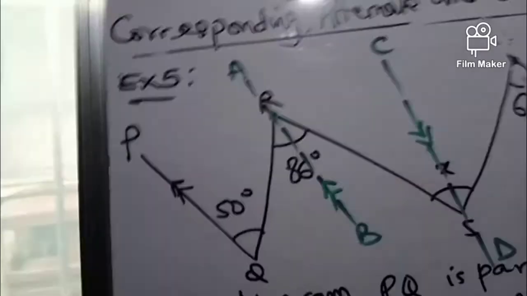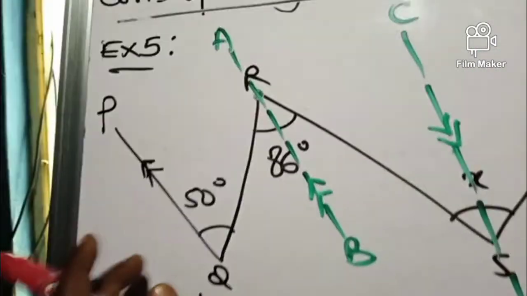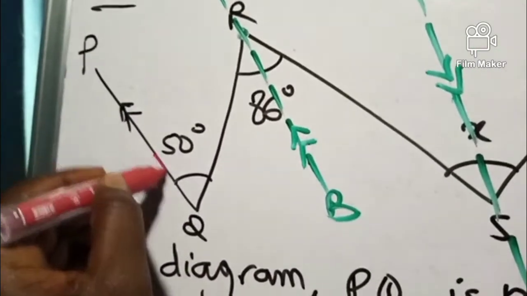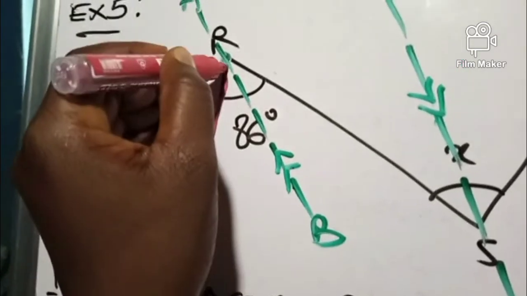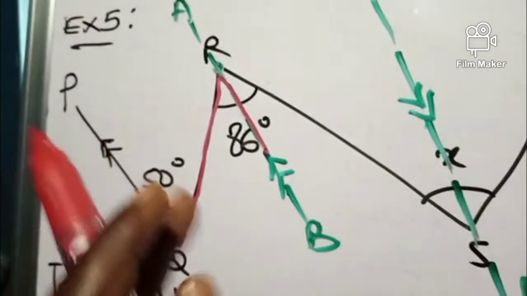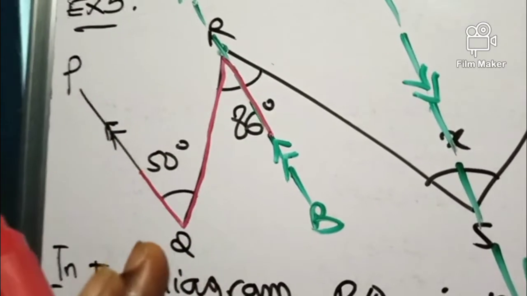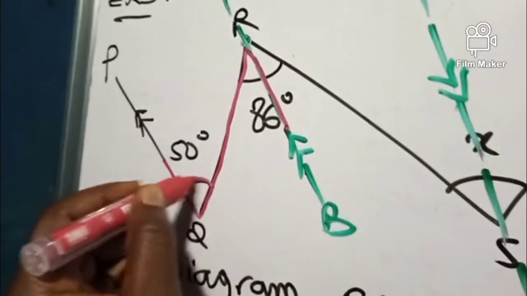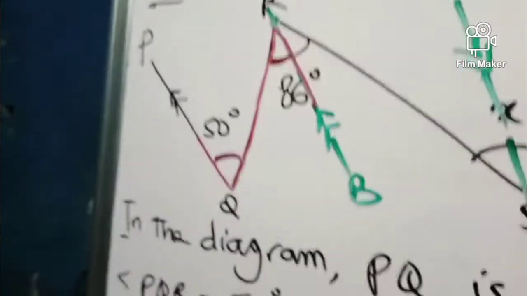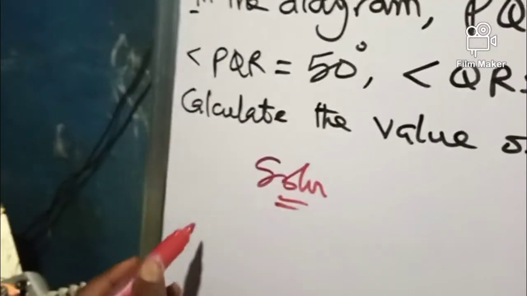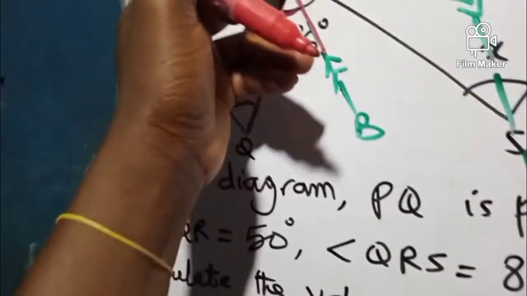Now, the angle here is 50. And since this line and this line are parallel, it means that this angle forms Z with this angle. Any angle that forms Z is an alternate angle. So this angle and this angle here, they are alternate. To solve this question, let me name this angle QRB.